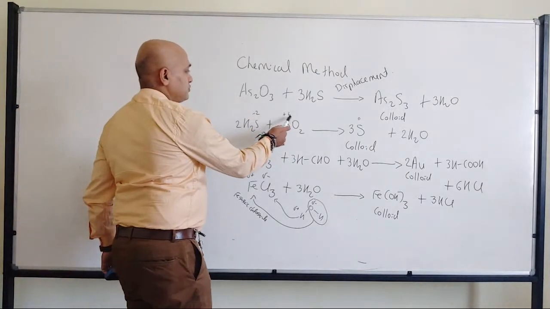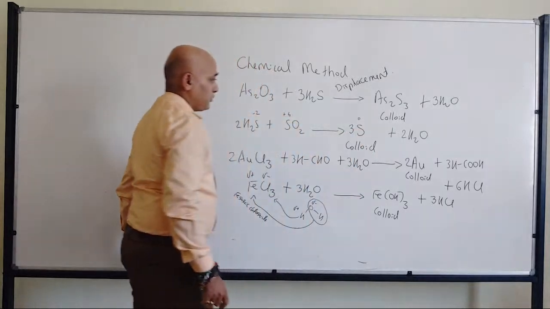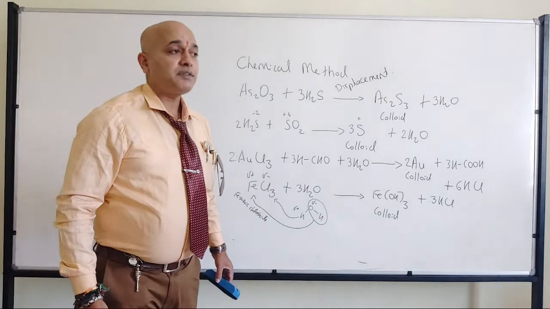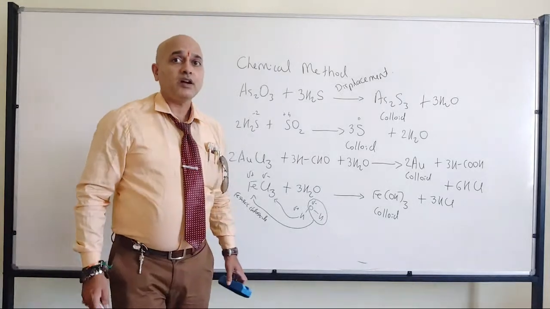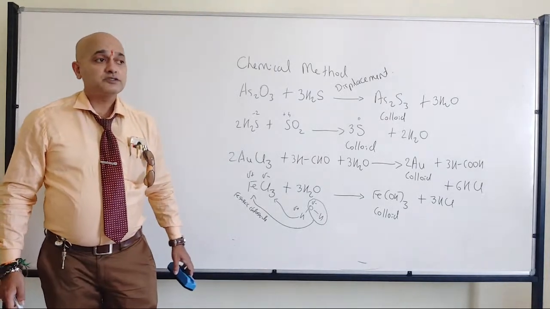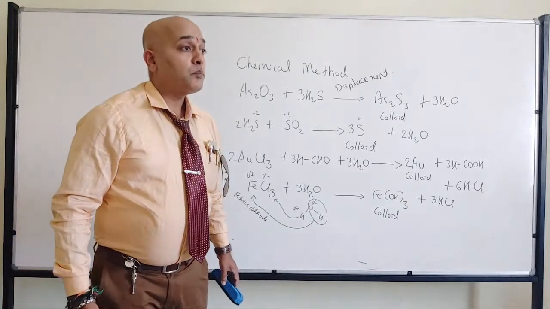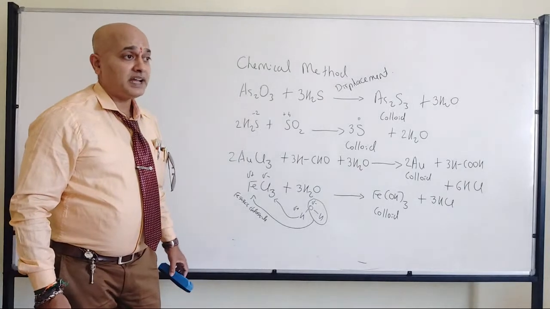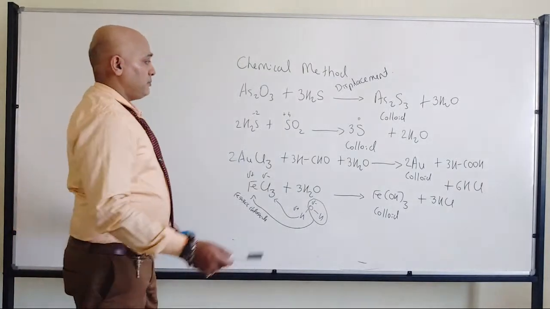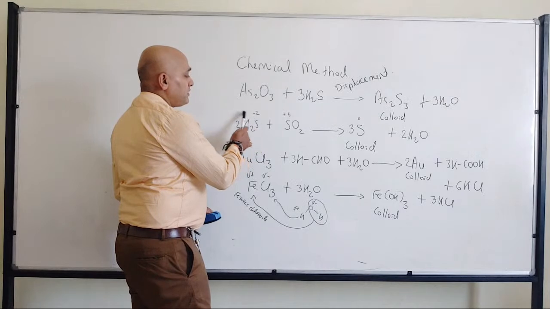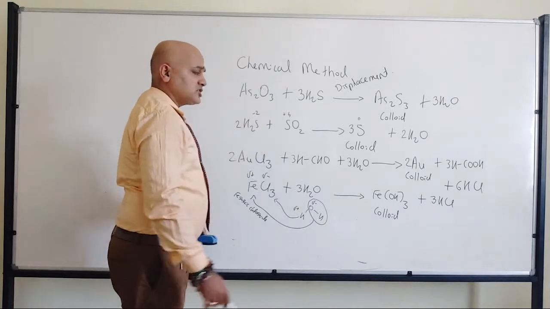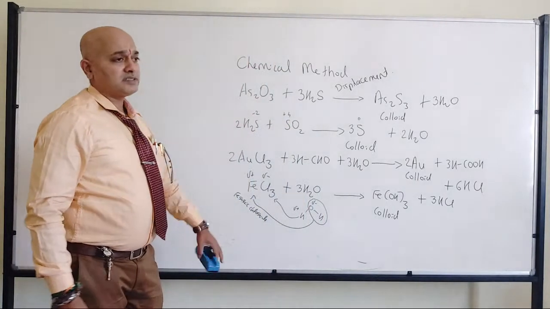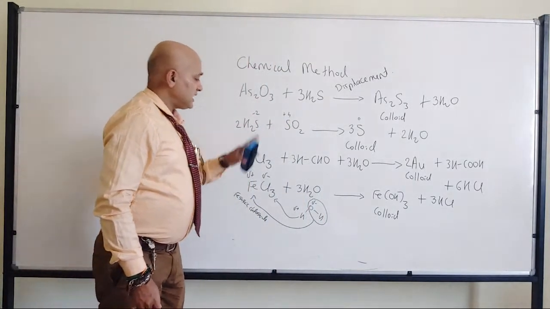So -2, +4, 0. Once again it can be called a decomposition. It is a redox reaction with more than one oxidation state, so naturally it can be called double decomposition. But if I go with this one where it is -2 and here it is becoming 0, I can call it oxidation. Fine, so this is another one.